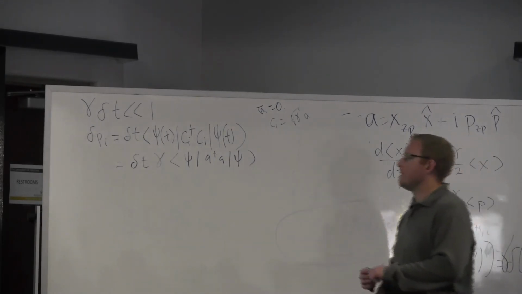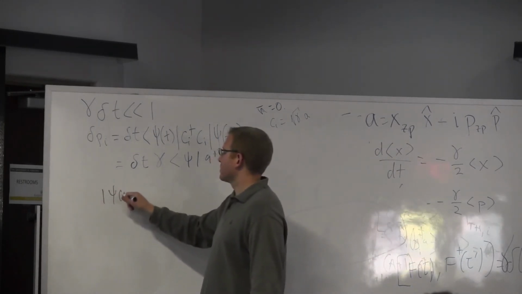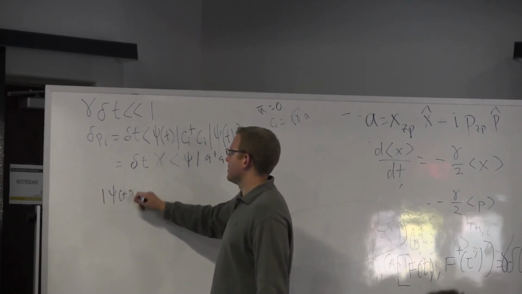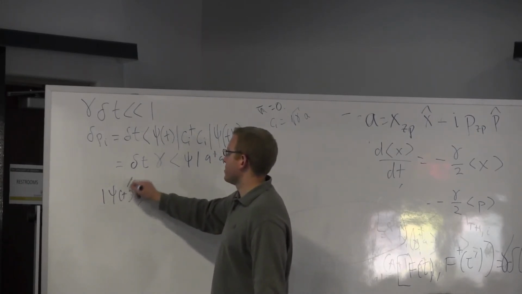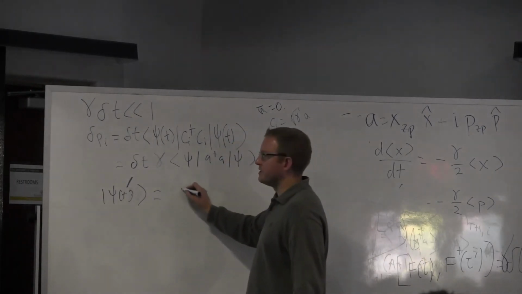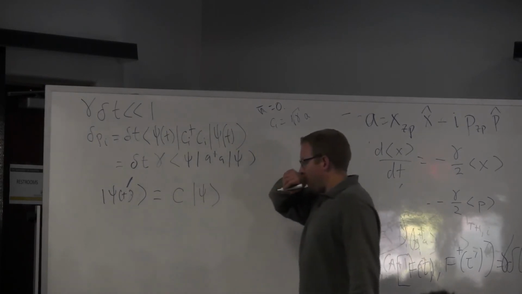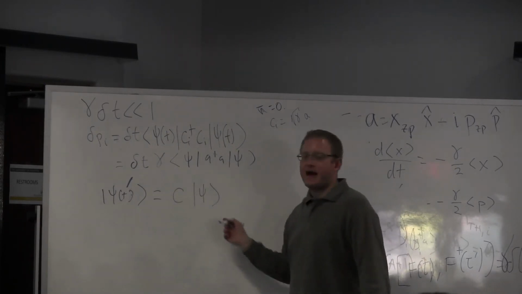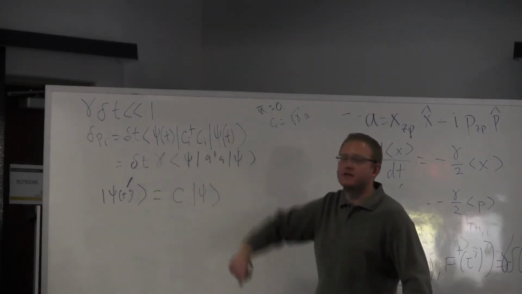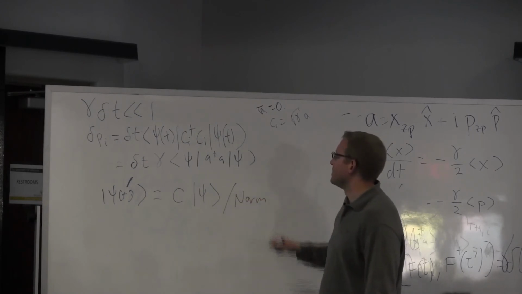And if so, then what I do is I hit the system, giving a new state psi prime, with this quantum jump operator. And then, of course, I have to renormalize it, right? So that's just what that square root of delta t over delta p thing is. This is just a normalization factor that I have to put in.